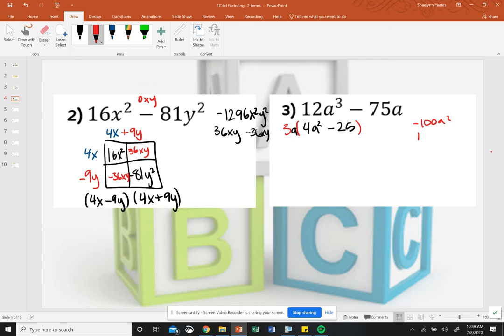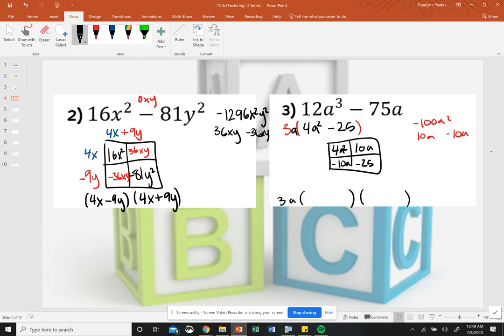I know the square root of 100, so that's 10a and negative 10a. So that means that I'm going to split this up, that 3a just continues to exist all the way down to the bottom where my answer will be. There will be something here and something here. So then inside my box is going to be 4a squared, 10a, negative 10a, negative 25.